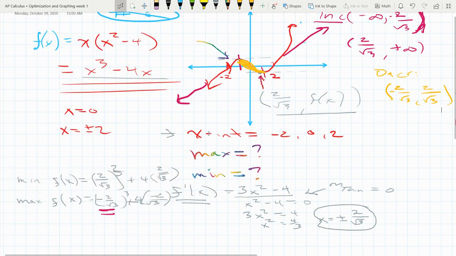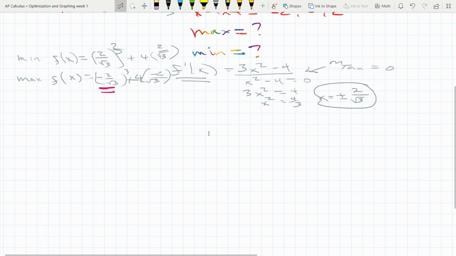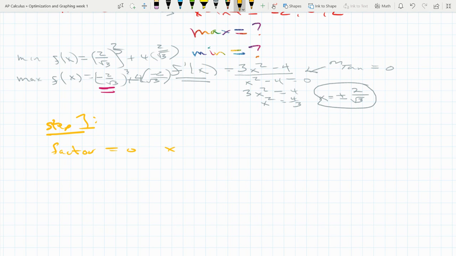So since this was a total crazy mess, let's just talk about how we're going to tackle that. So we're going to tackle it this way. Step 1, factor, set equal to 0 to find your x-intercepts.